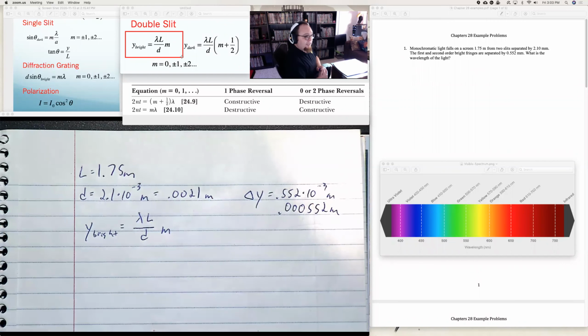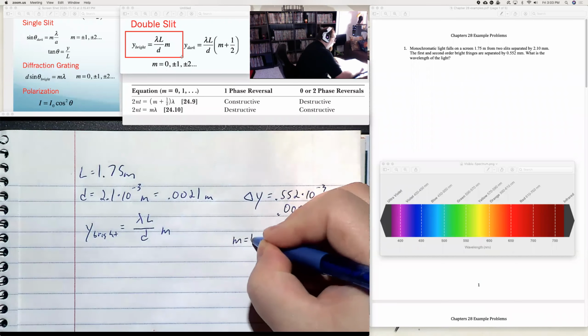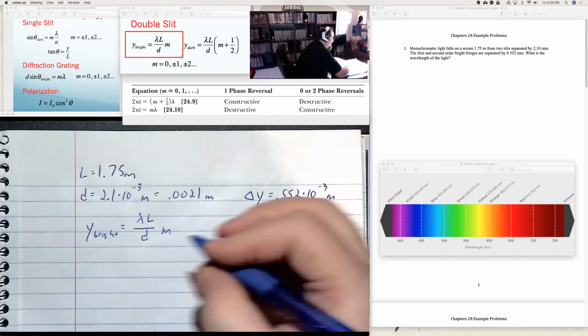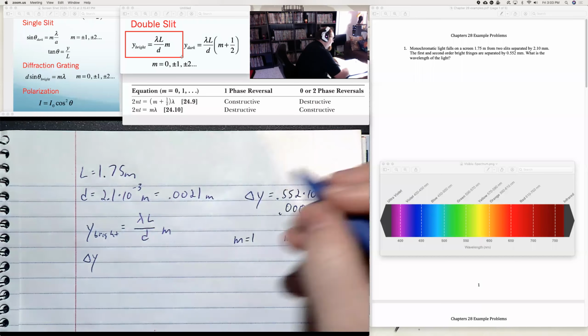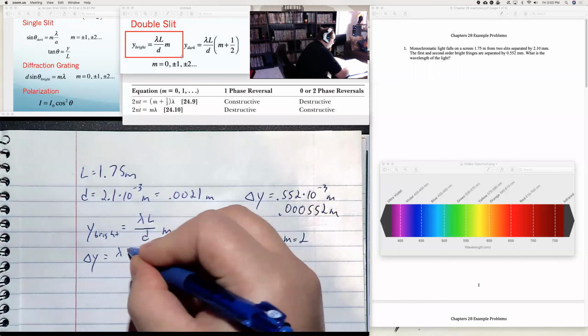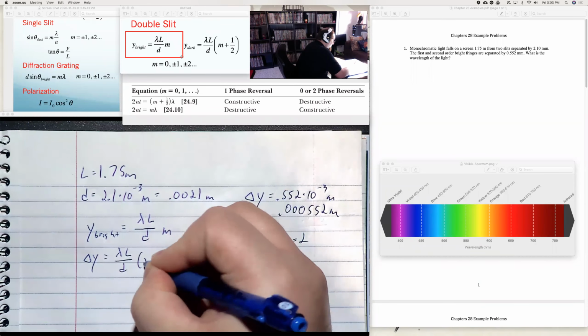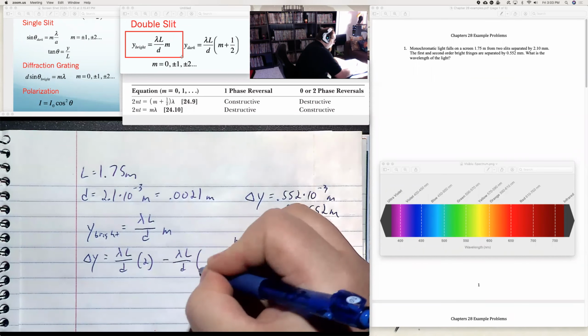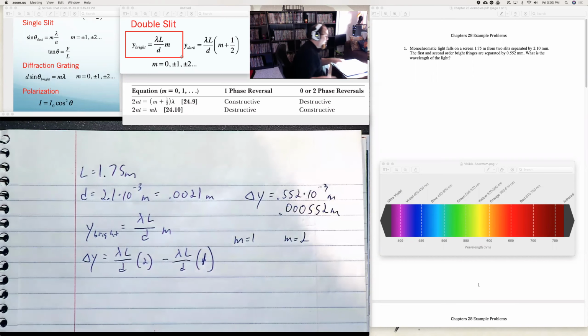Now, in this case, I didn't say what y is. I said the separation. But that's for the first order and the second order. That means the difference of m equals 1 and m equals 2. And so I can say delta y, the change in the two, is just going to be the value when m is 2 minus the value when m is 1.